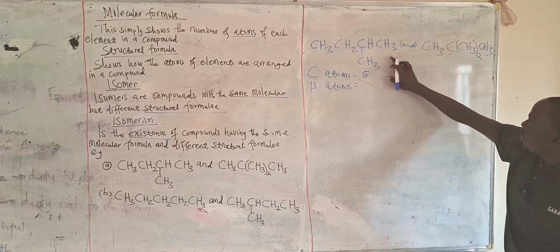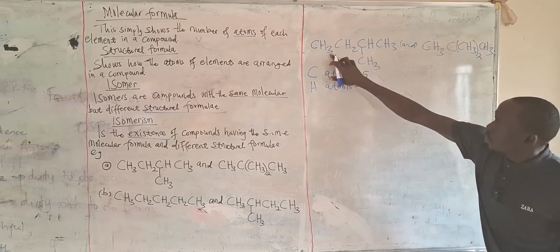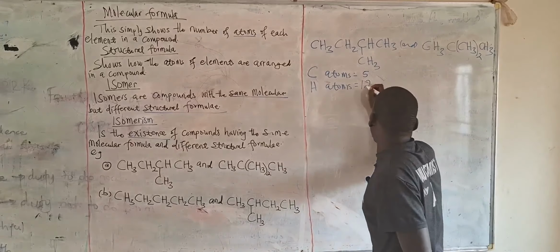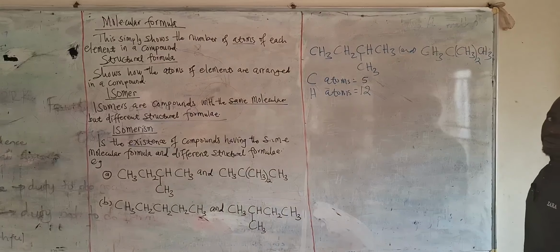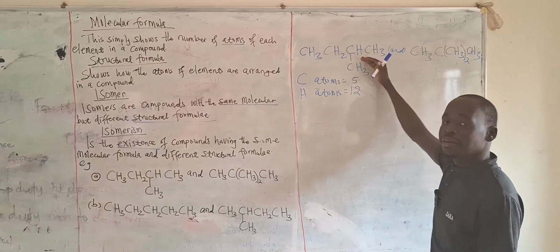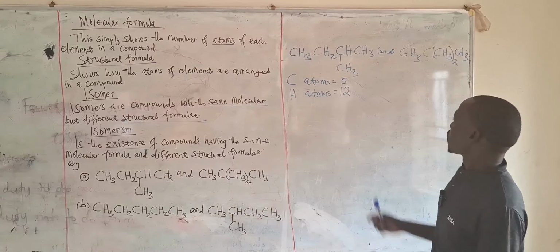We have 3 plus 3, 6, 7, 9, we have 12 hydrogen. So we have 5 carbon atoms here, then we have 12 hydrogen atoms.